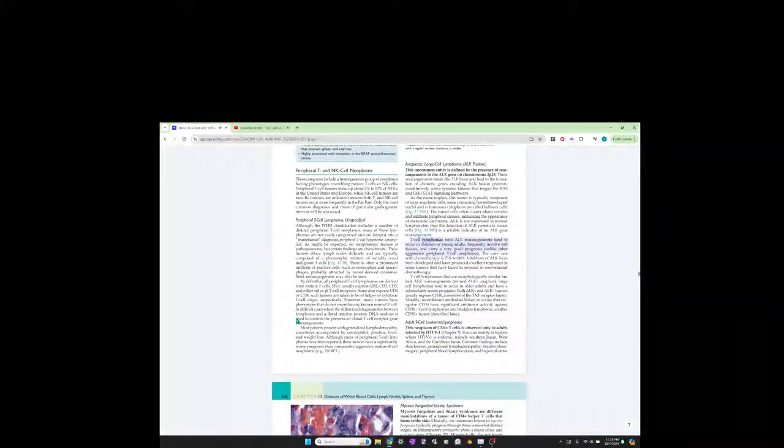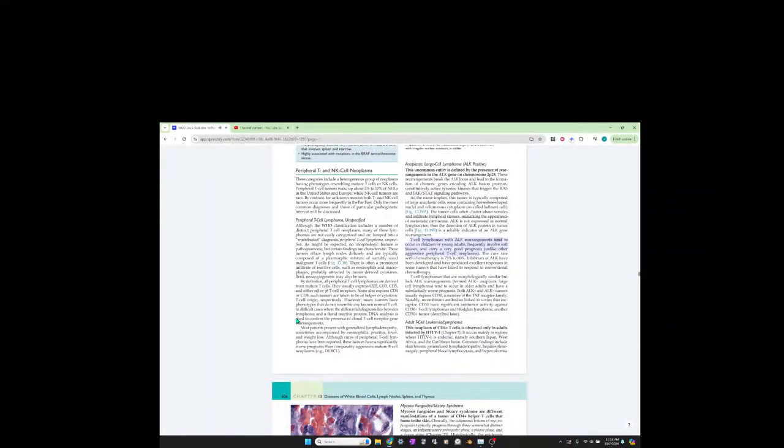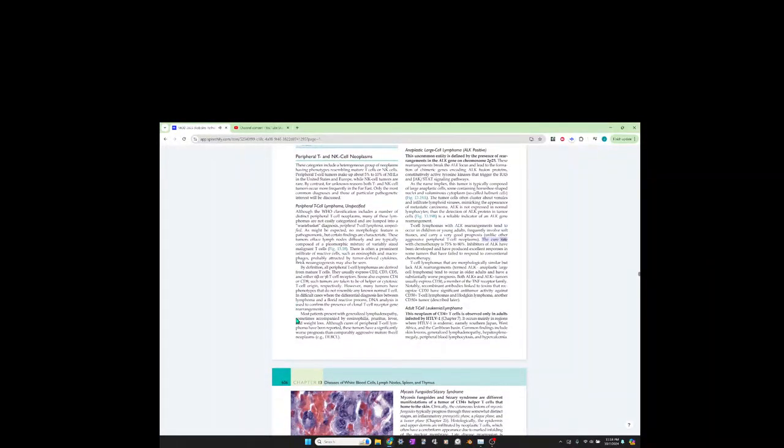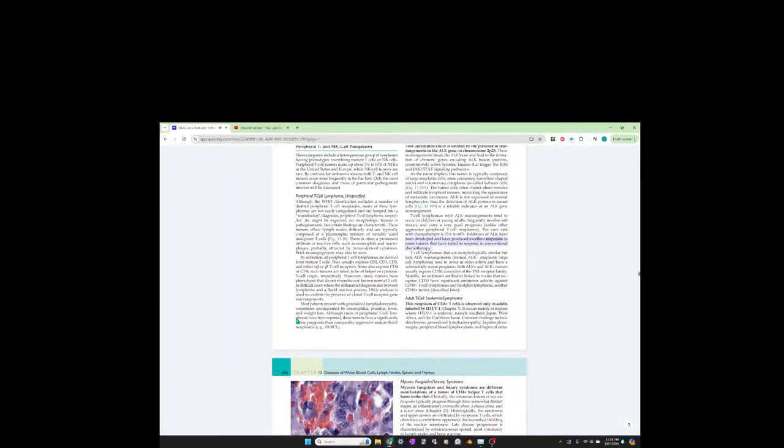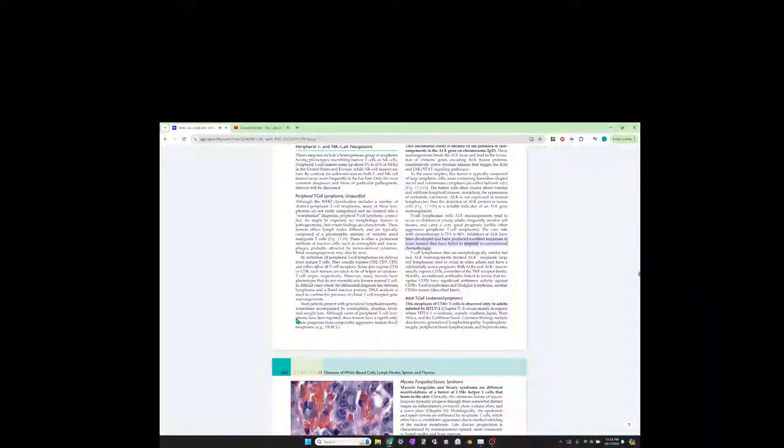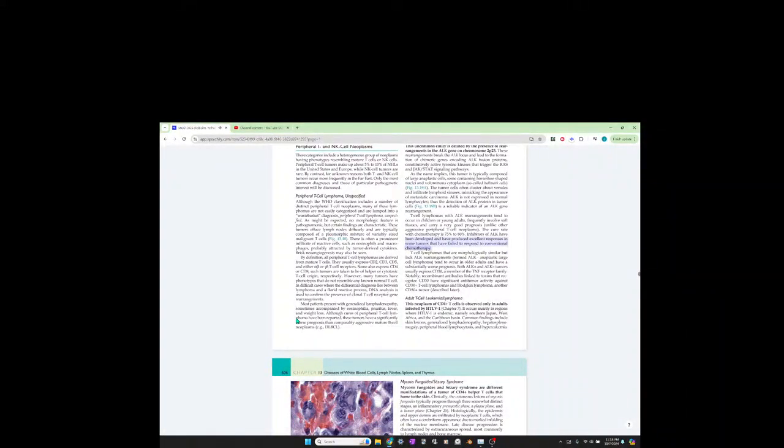T-cell lymphomas with ALK rearrangements tend to occur in children or young adults, frequently involve soft tissues, and carry a very good prognosis. The cure rate with chemotherapy is 75% to 80%. Inhibitors of ALK have been developed and have produced excellent responses in some tumors that have failed to respond to conventional chemotherapy.